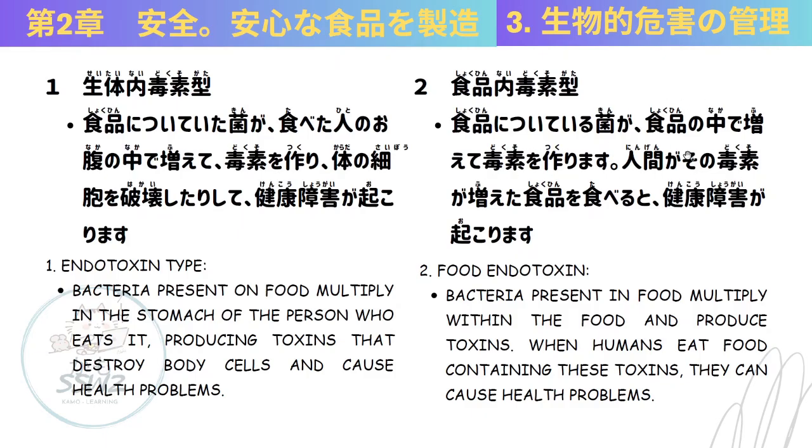So when we eat the food, we immediately feel the toxin and it causes health problems. The first type makes the toxin in our body, and the second type makes the toxin in the food. When we eat that food, we get poisoned.